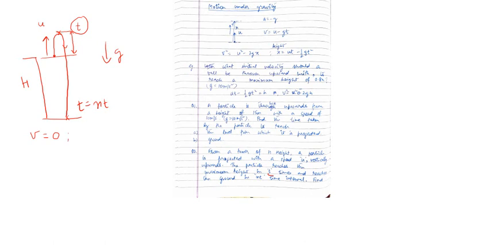Initially the particle has a velocity u which is positive. We take the upward direction as positive, so we know u. Let us use the equation v is equal to u plus at, and instead of acceleration we would use minus g, since the action of gravity is opposite to the chosen positive direction.